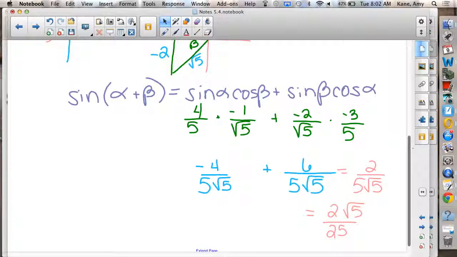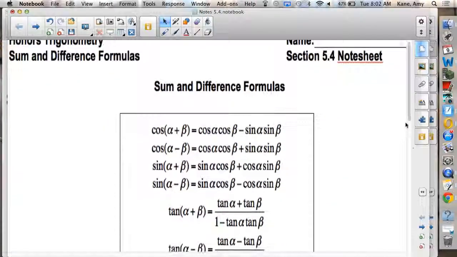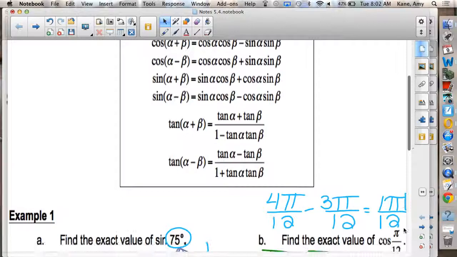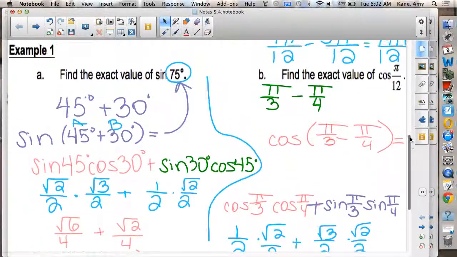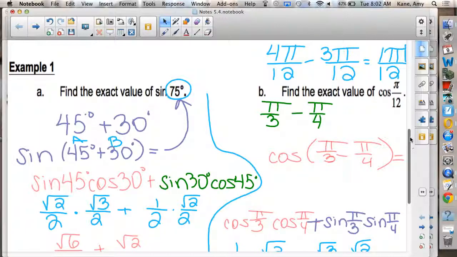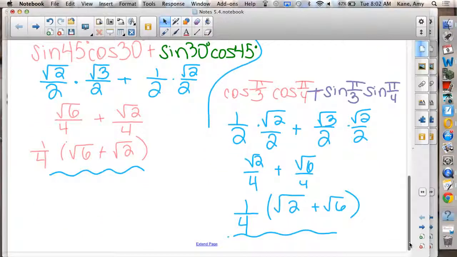Why in this one did we add them together when in the ones before this we didn't? Like for example 1, we had the sine of 45 degrees plus... why did you take the 1/4 out of the bottom instead of just combining them? Oh, that's a good question.